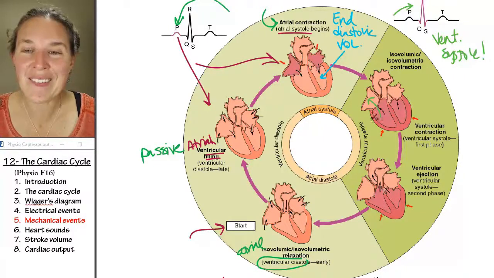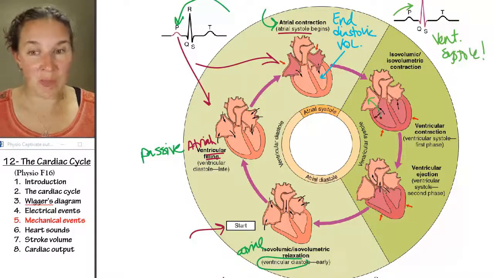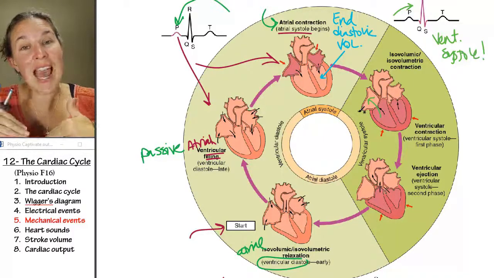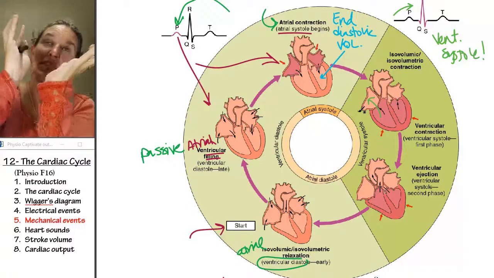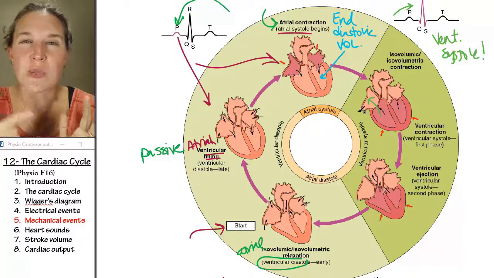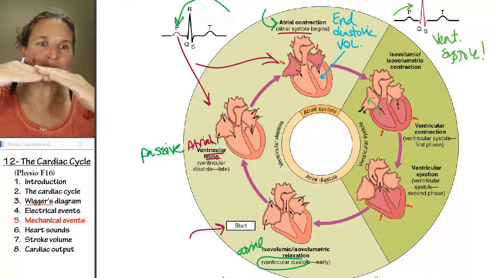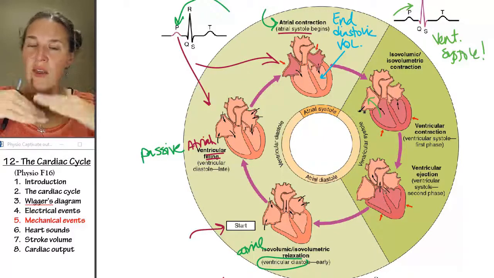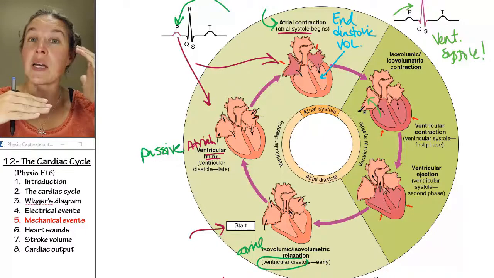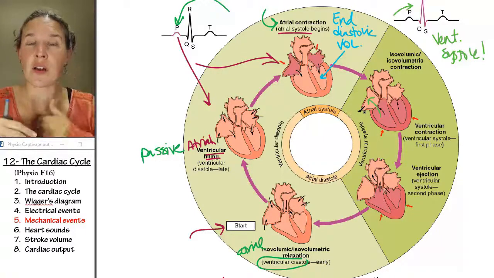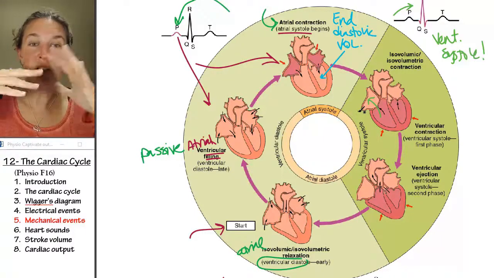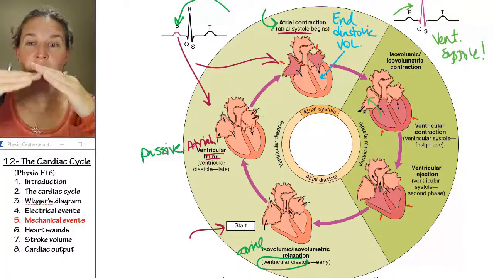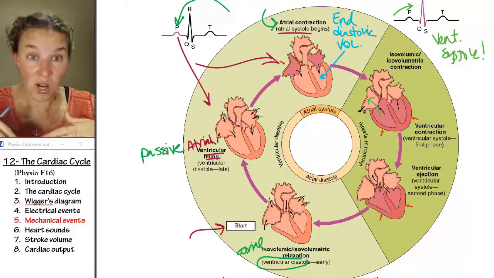The AV valves, I'm just going to say this now, we're going to talk about it again. But the act of the blood pushing against those AV valves creates a turbulence, and that turbulent sound is what you hear in the heart sounds. So that first sound you hear is the lub of the heartbeat. It's actually the turbulence created when those AV valves are shutting.